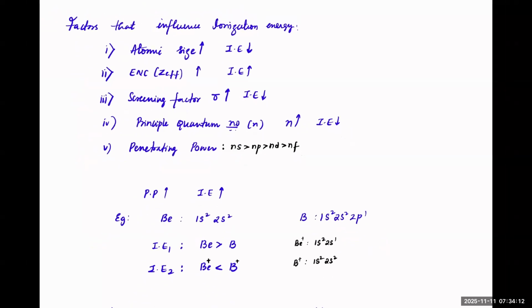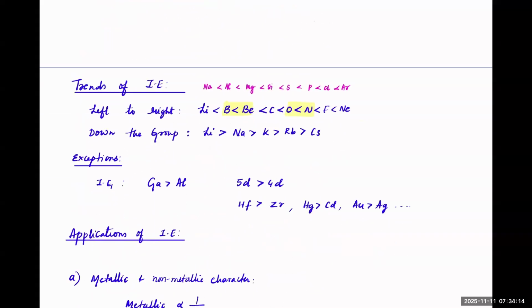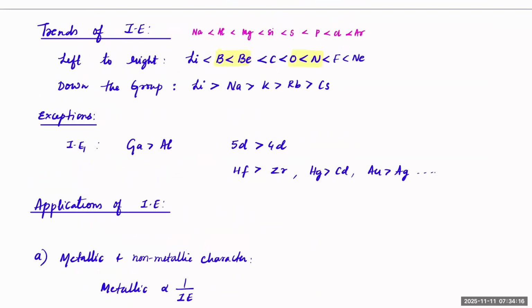Now, usually check out the trend from left to right and down the group. How does it vary? And where is the variation coming? Please check.